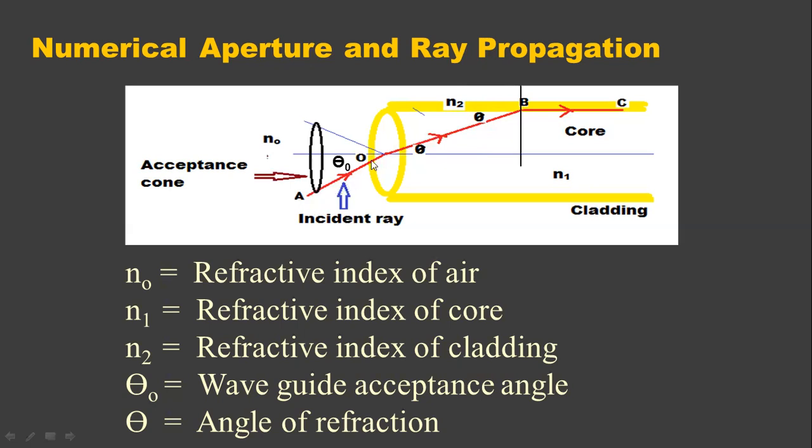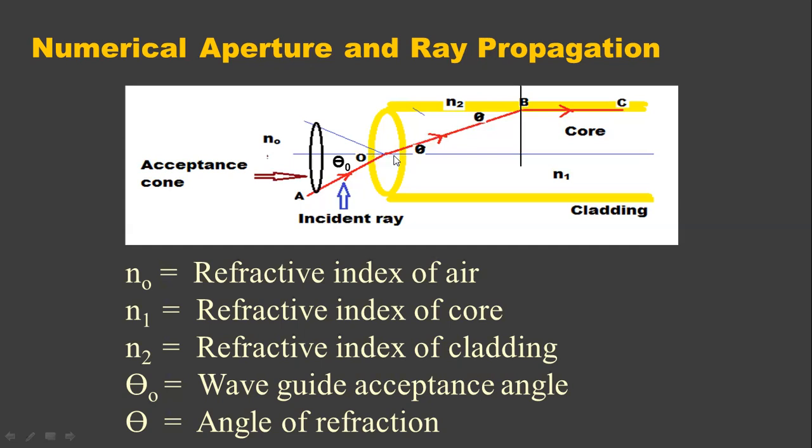So this incident ray at the point O makes an angle theta naught here. If you rotate this ray vector AO about the axis of this optical fiber, you will get a cone, and all the rays which are inside this cone are accepted by the optical fiber.